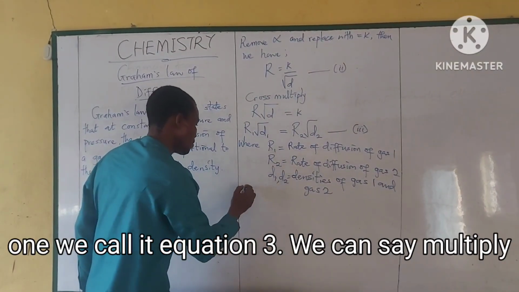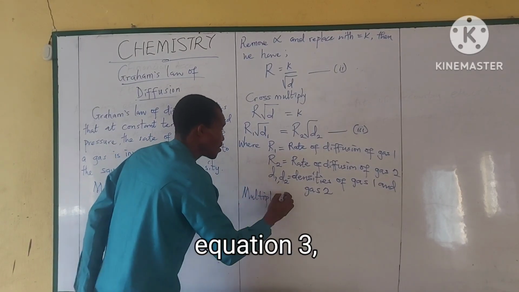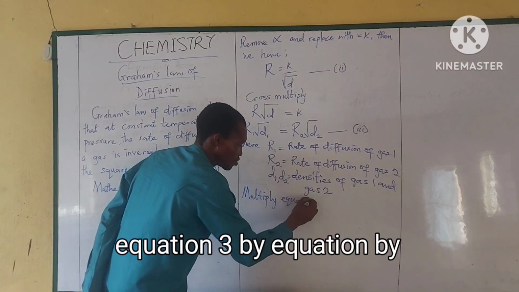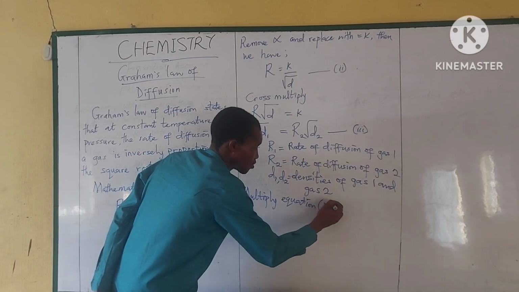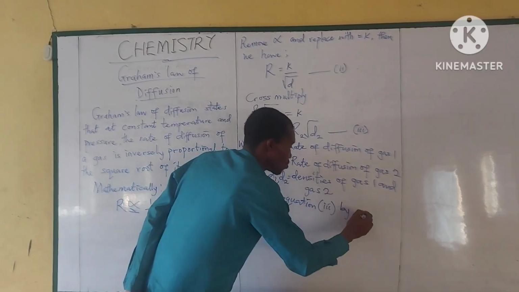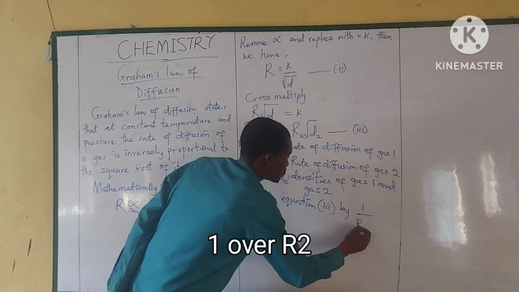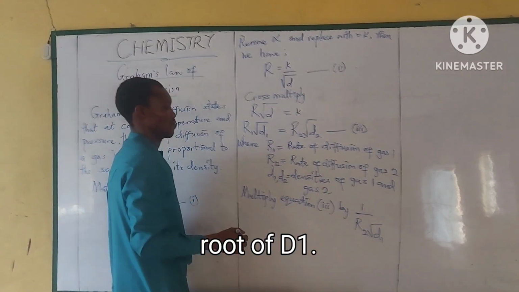We multiply equation 3 by 1 over R2 root of D1.